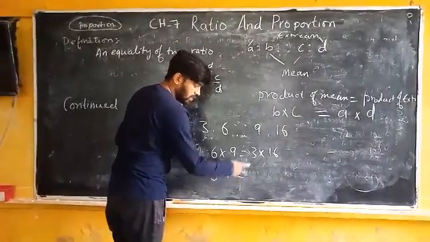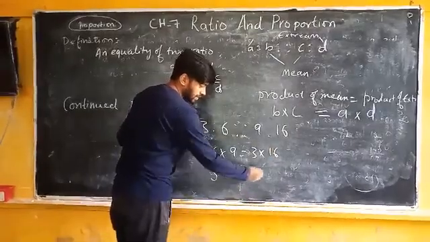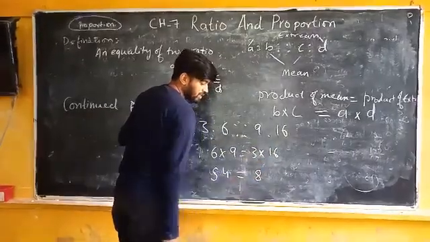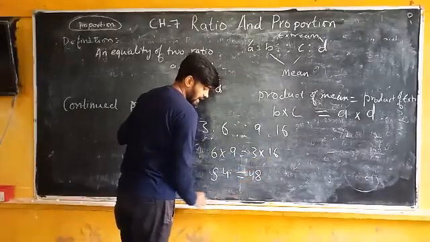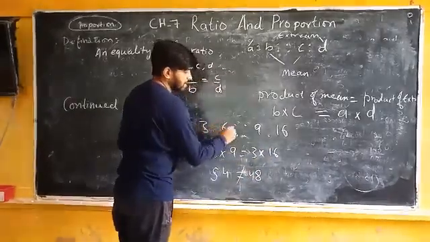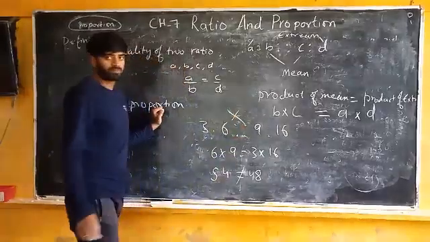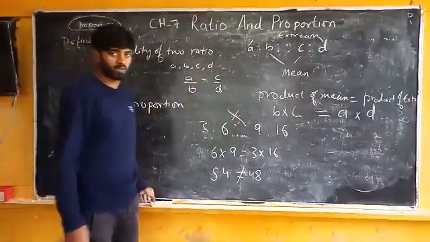Which should be equal to 3 into 16. 3 sixes are 18, 3 into 3 is 9, 3 into 16 is 48. Are they coming equal? No. So are these numbers in proportion? They are not in proportion. That's how I will be figuring it out.